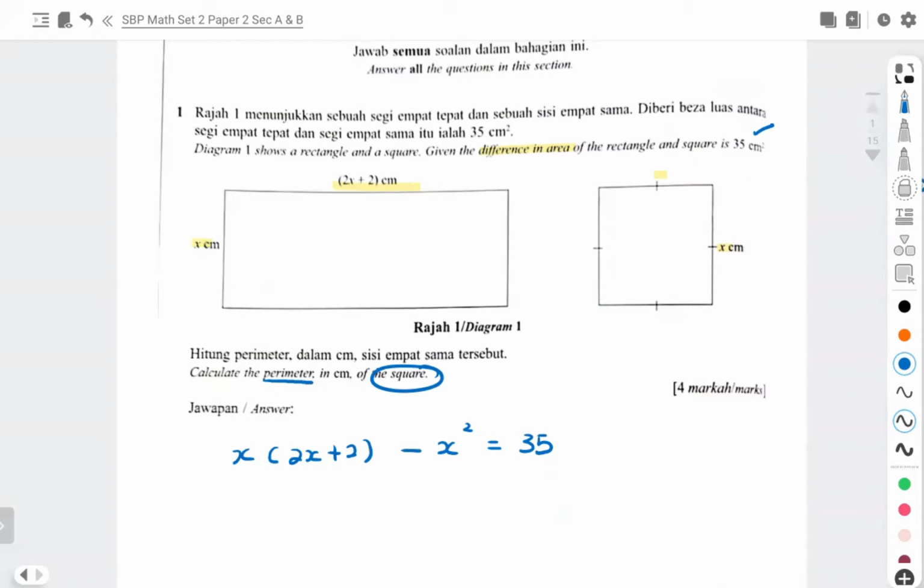I got 2 answers, 1 negative, 1 positive. We should pick the positive one, so 5. Yes, x equals 5, so 5 cm, correct. Then you can find the perimeter of the square: 4 times 5 cm equals 20 cm. All good. You should be scoring 4 marks.